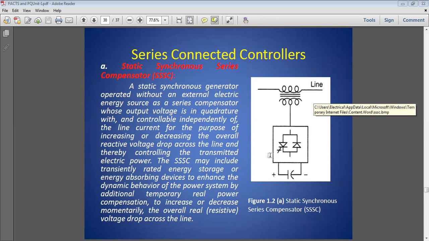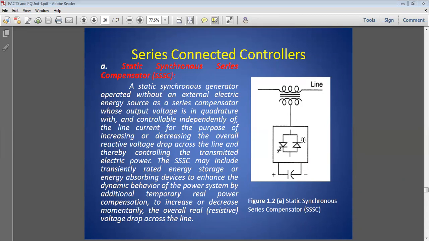As long as the injected voltage is in phase quadrature with the line current, it is going to either supply or consume reactive power and hence improve the voltage profile of the transmission line.